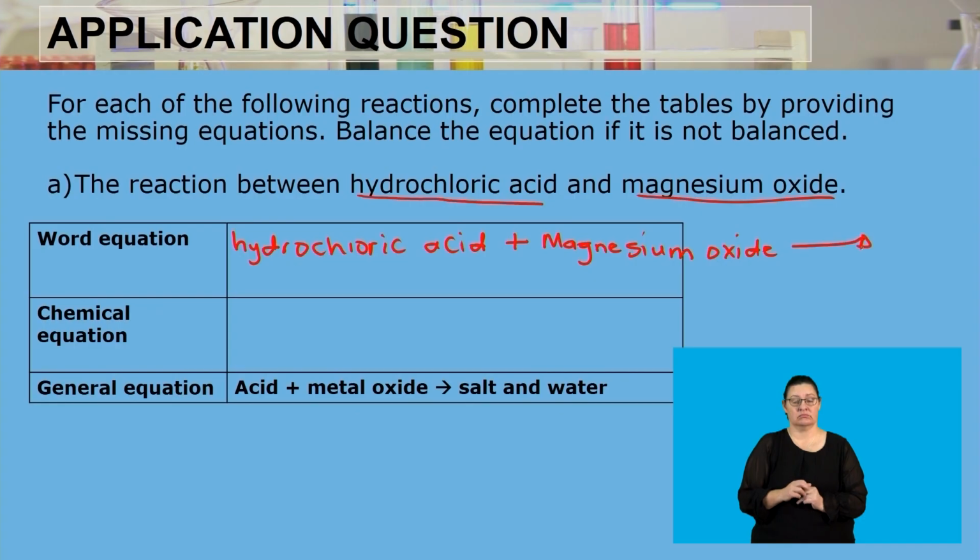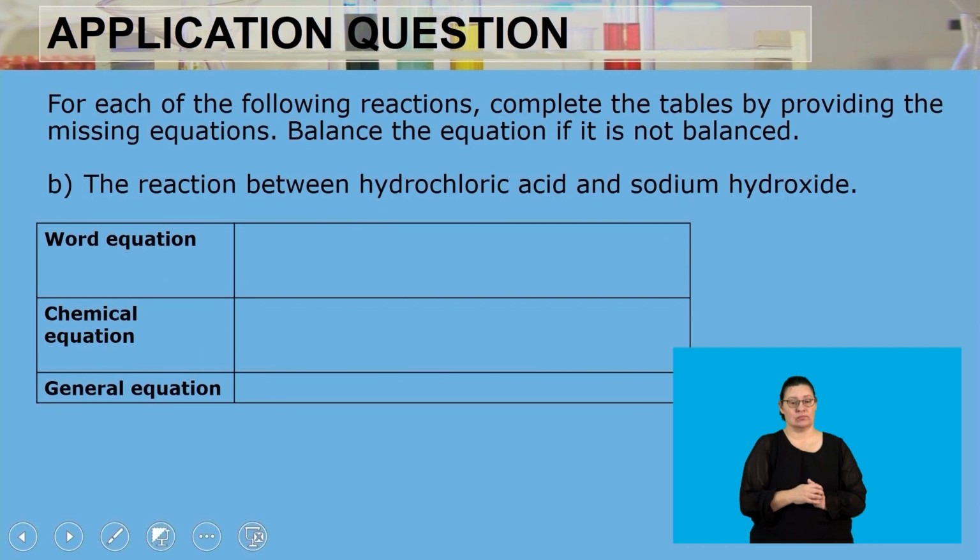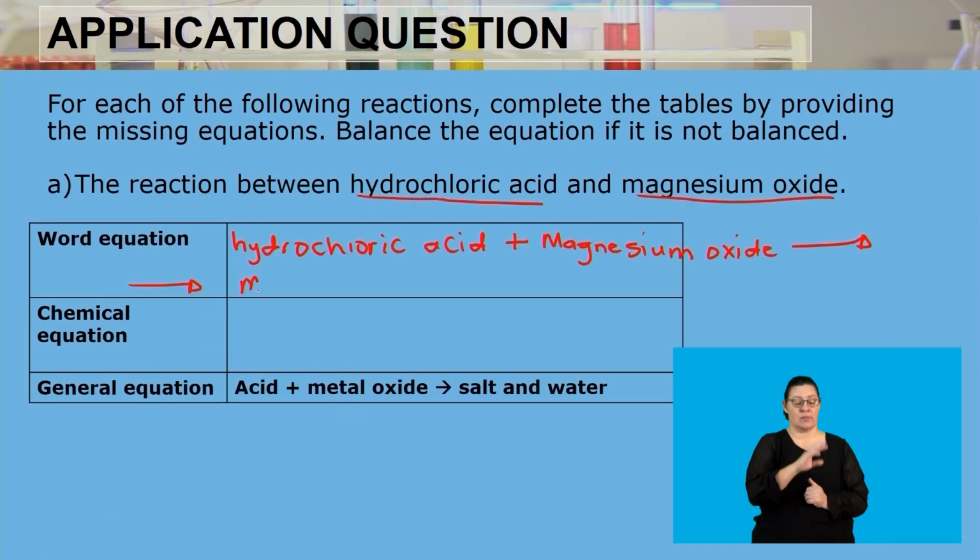This is going to react to form, and I'm just going to write the products here below because of space, magnesium chloride and H2O. Remember, acid plus base reacts to form salt and water. So our salt is going to be our magnesium chloride, plus water.